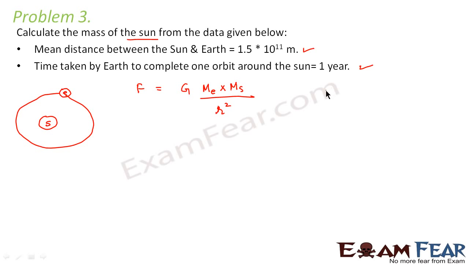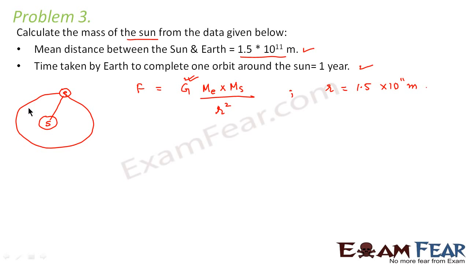Now what is r? r is the distance between the earth and the sun. This distance is equal to 1.5 into 10 to the power 11 meters. And we already know the value of capital G.